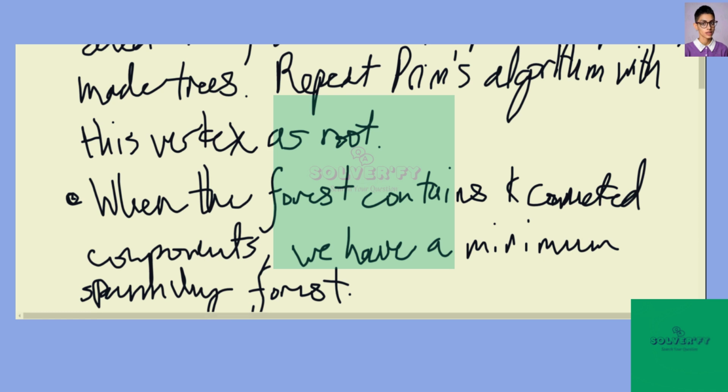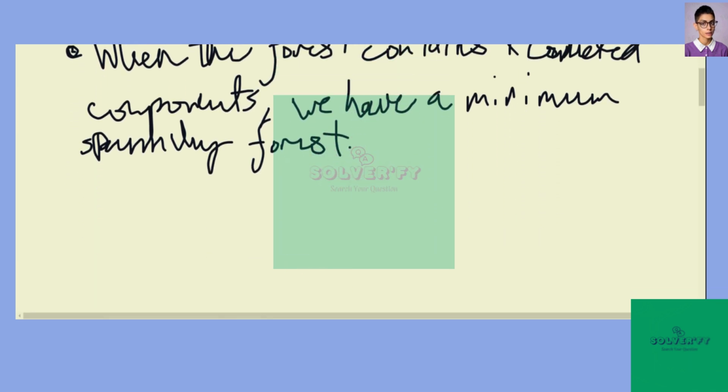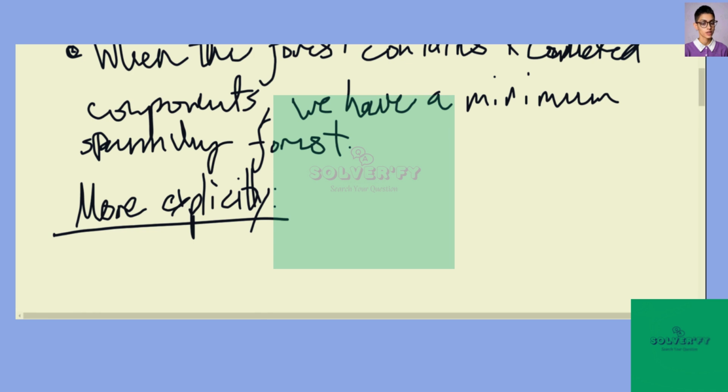So, in other words, more explicitly, the algorithm follows these steps. Let the given graph contain K connected components.